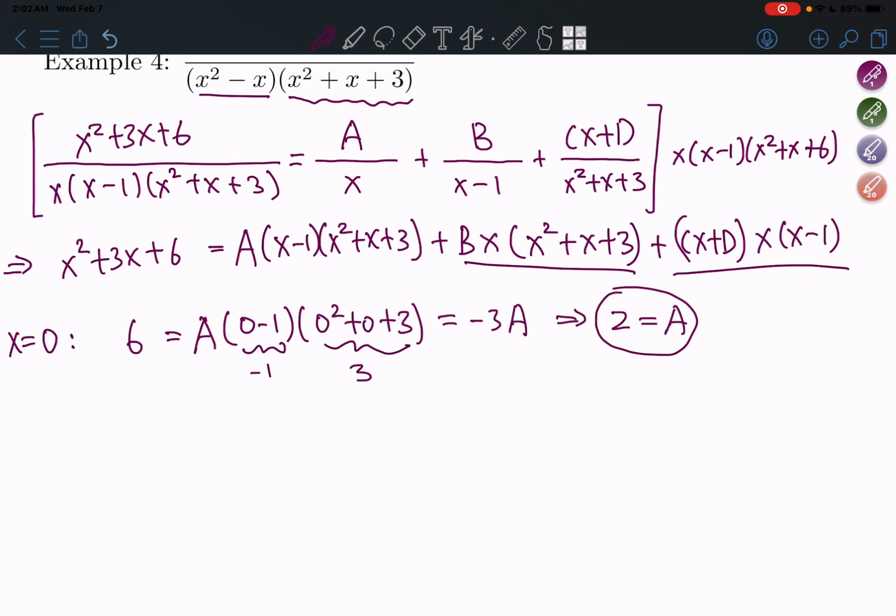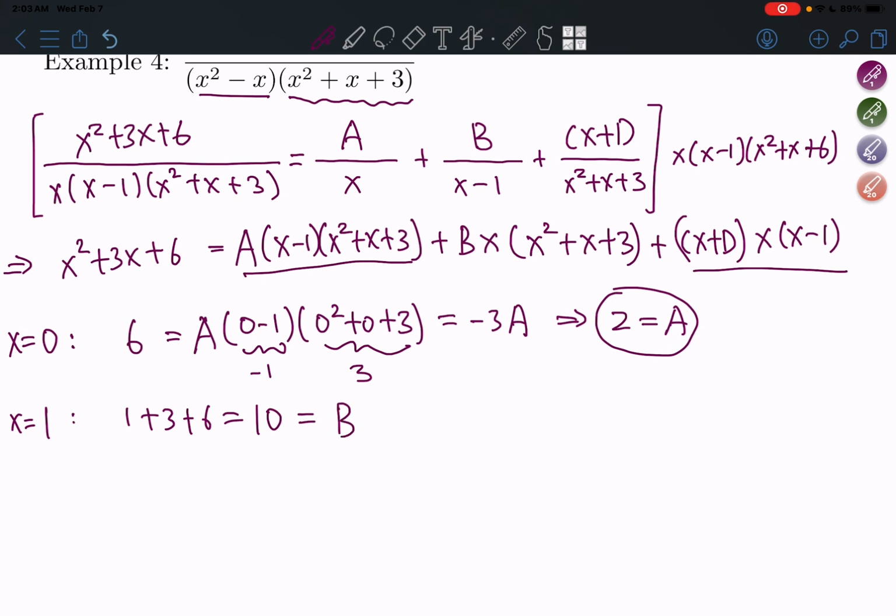Let's go ahead and do that. Another one that we can plug in, x equals -1. Actually, just +1. Left-hand side gives me 1 plus 3 plus 6, which is equal to 10. And the right-hand side, in this case, this one goes away and that one goes away. Okay, so I got b times 1 times 1 squared plus 1 plus 3.